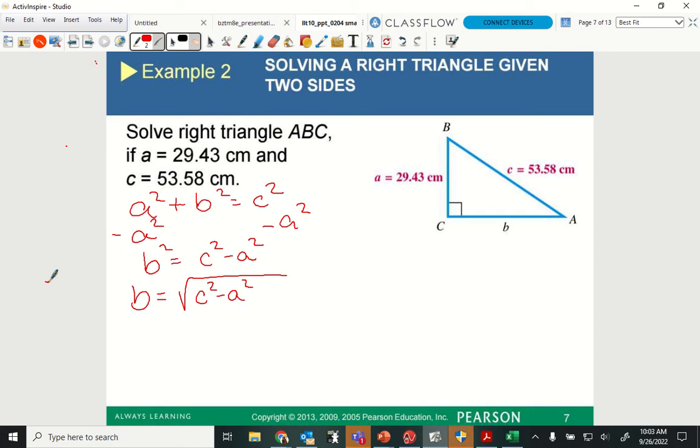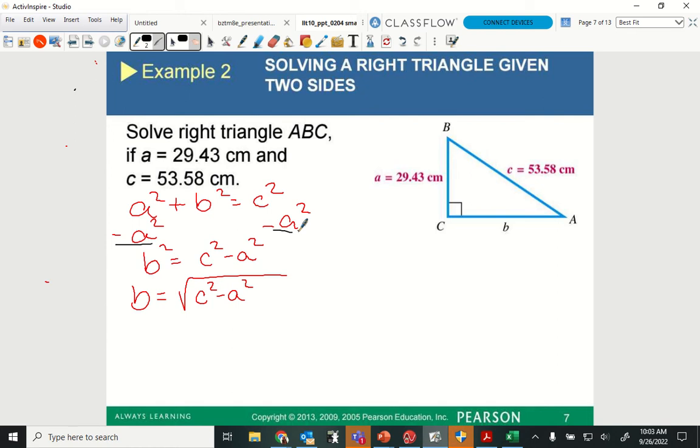And can I manipulate this to find the other values also? What if I was looking for a? What would it look like? It would be the same steps as right here, but instead of subtracting a squared, I'd be subtracting b squared this time.